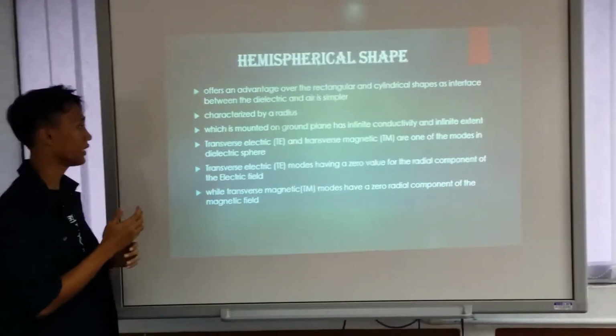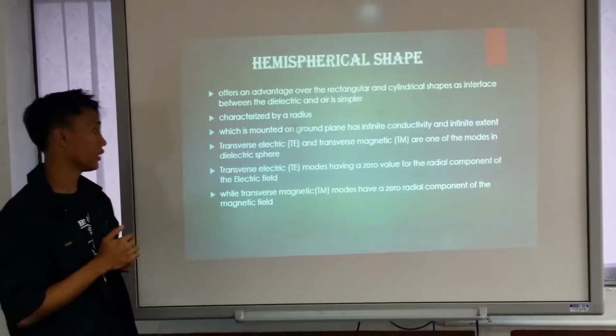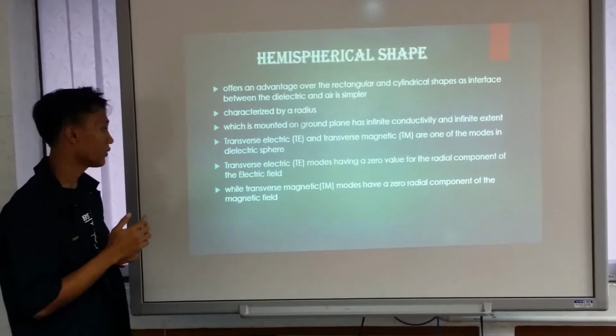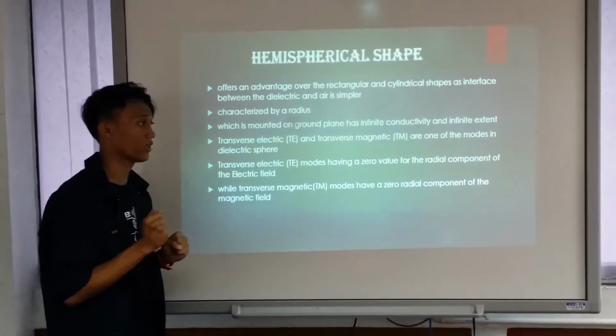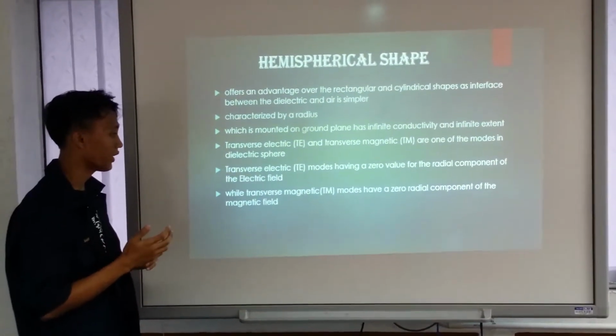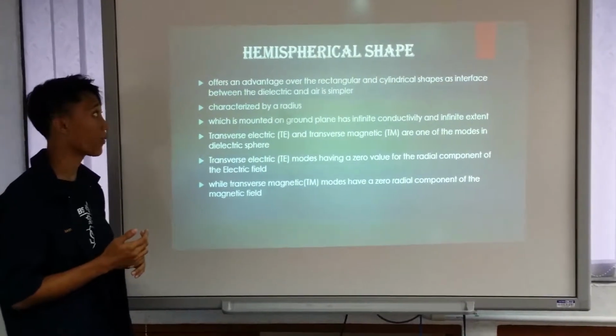The transverse electric and transverse magnetic are among the modes in the dielectric sphere. The transverse electric mode has a zero value for the radial component of the electric field, while the transverse magnetic mode also has a zero radial component of the magnetic field.